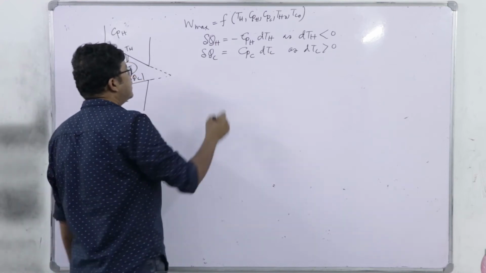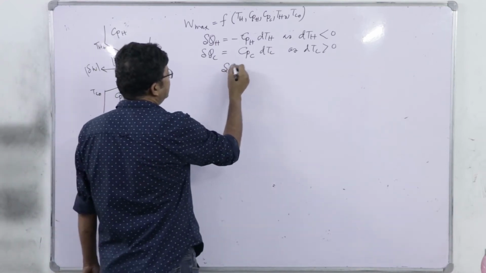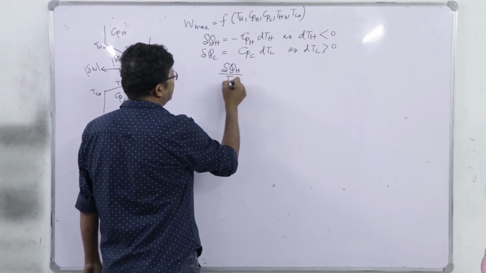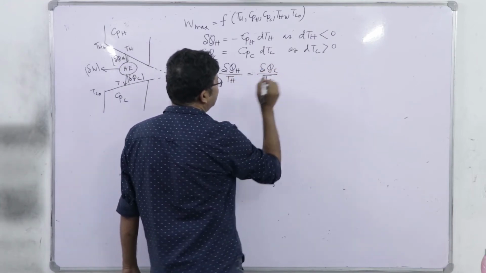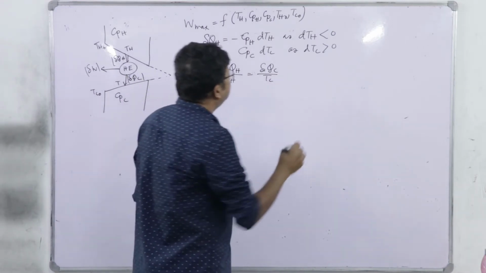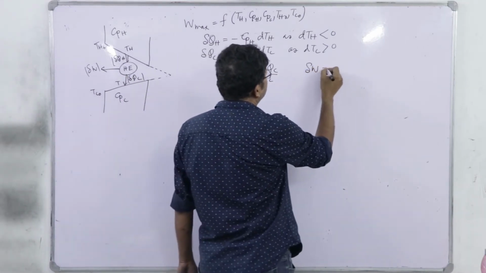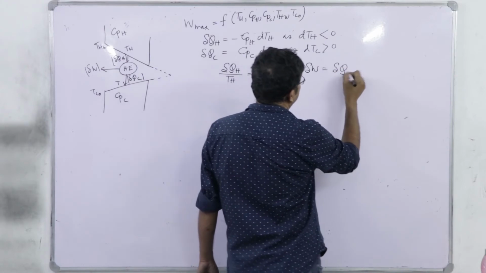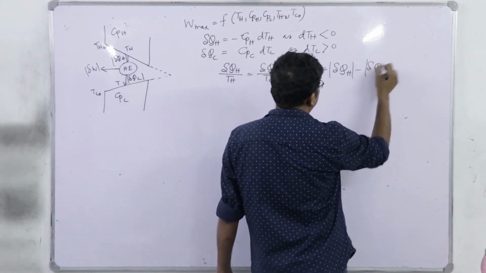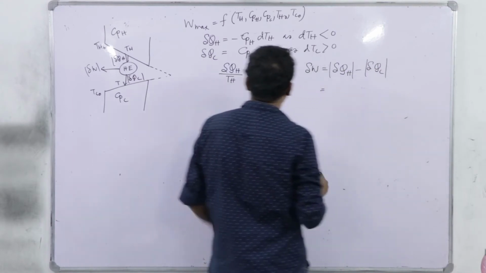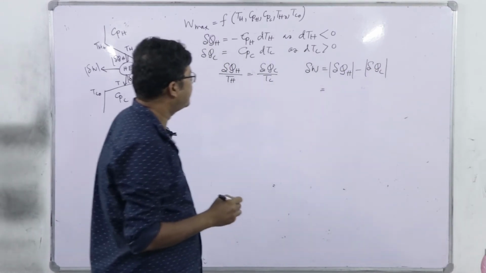We know del QH by TH equals del QC by TC, but that we are going to use later. Del W is equal to the modulus of del QH minus del QC, right, and which satisfies this relation.